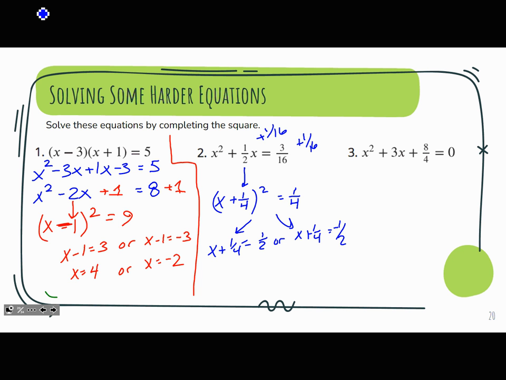All right. So now we subtract 1/4 from both sides, and we get x equals 1/2 minus 1/4, so 1/4. And then my other one I'm going to get by subtracting 1/4, I get x equals negative 3/4.